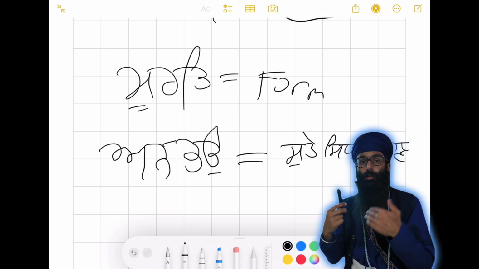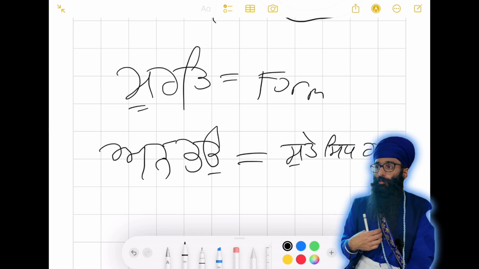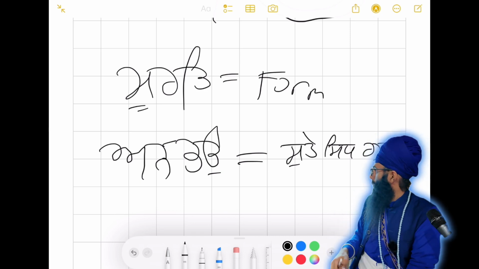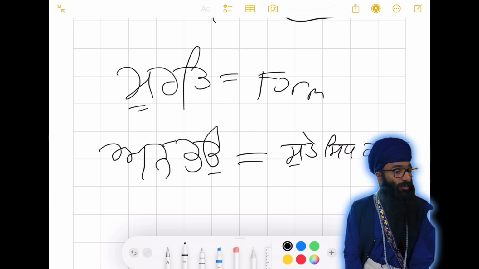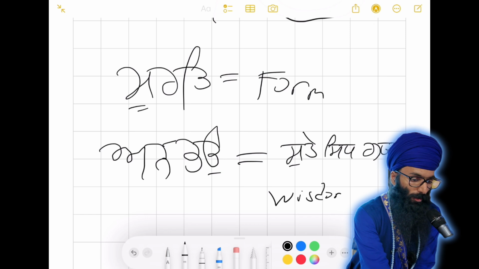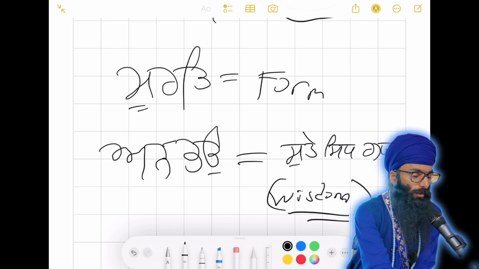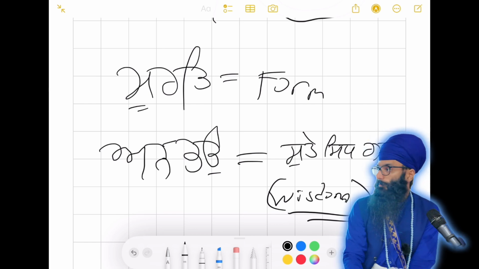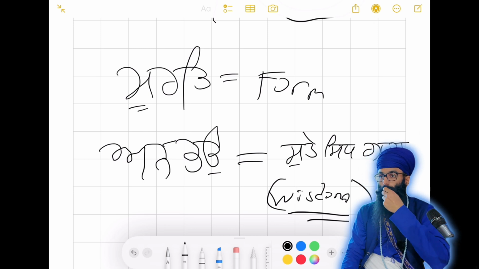It's not something you're learning from the outside. It's not something that someone taught you. It's coming from the inside. That's called Anpo. So you could call that intuition. You call that wisdom. In English that would be wisdom. Wisdom isn't something that you are taught. It's something that comes from the inside.